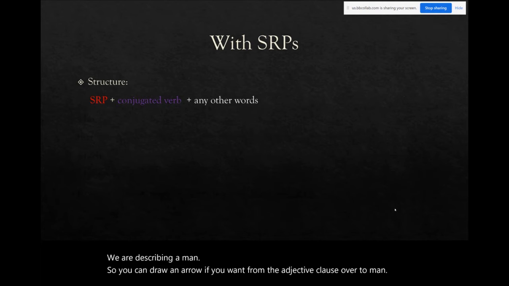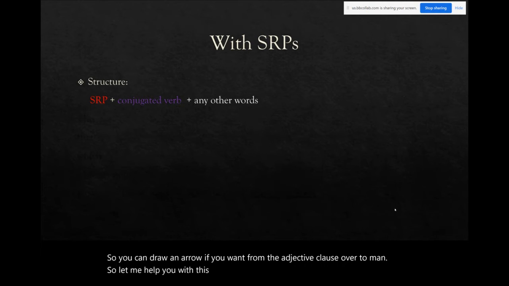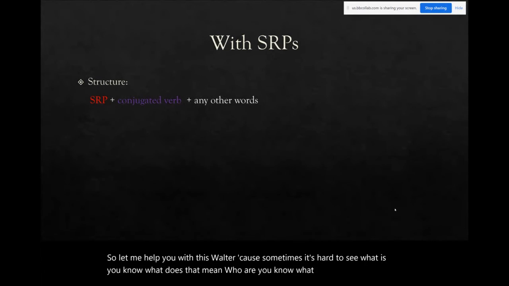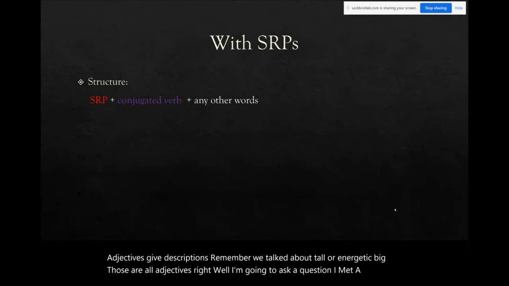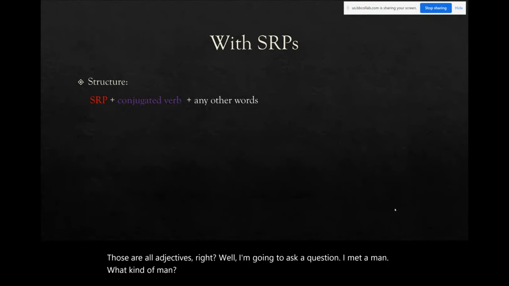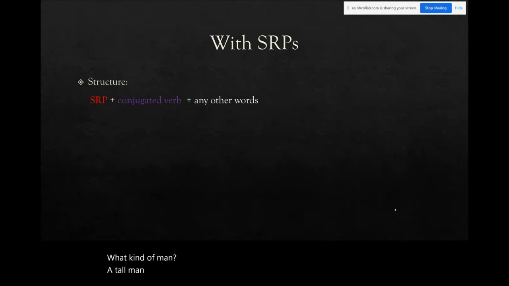So let me help you with this, Walter, because sometimes it's hard to see what does that mean? What are you describing? Adjectives give descriptions. Remember we talked about tall or energetic, big. Those are all adjectives, right? Oh, well, I'm going to ask a question. I met a man. What kind of man? A tall man, big man, old man? Well, I want to give a description about that man.